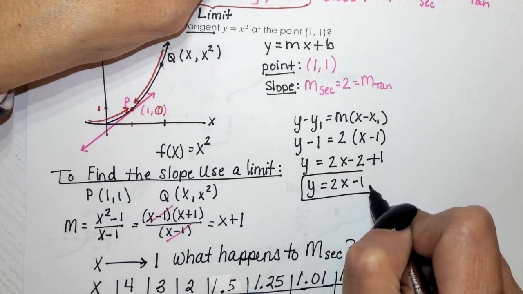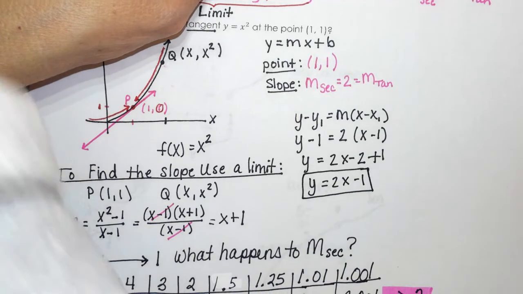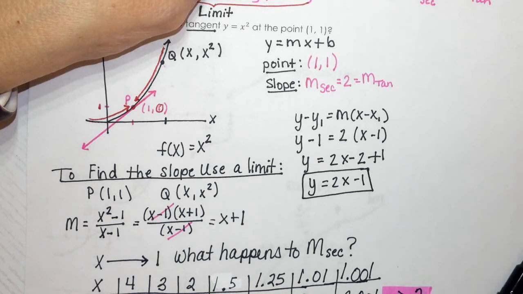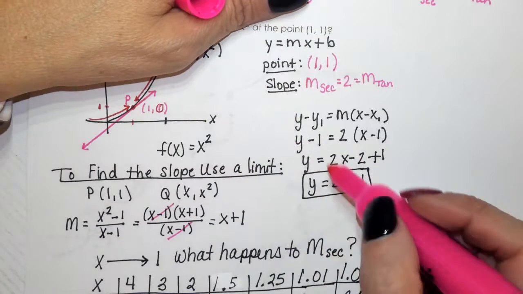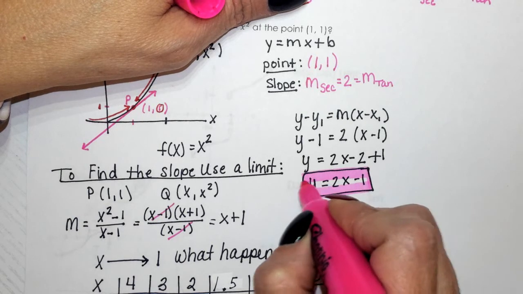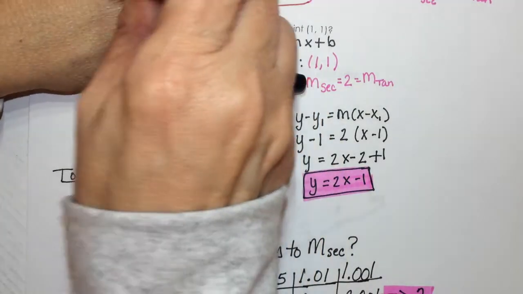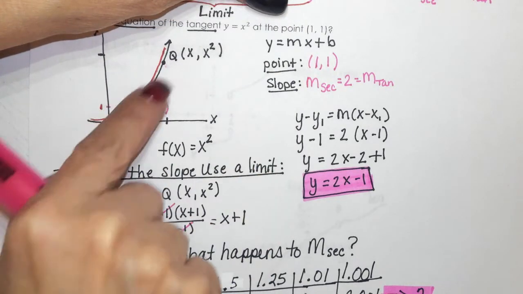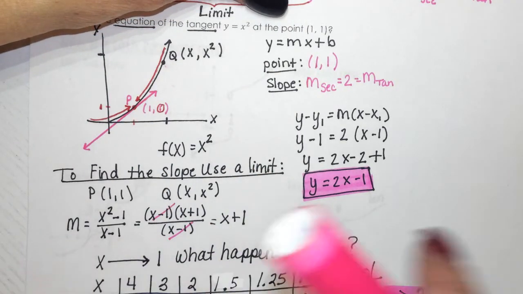And there is my equation. And that is the equation of the tangent line to y equals x squared at the point 1, 1. Now, that's only at the point 1, 1. That line does not work anywhere else on that curve except the ordered pair 1, 1.